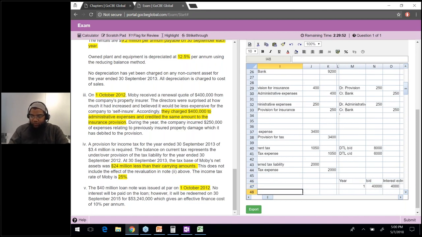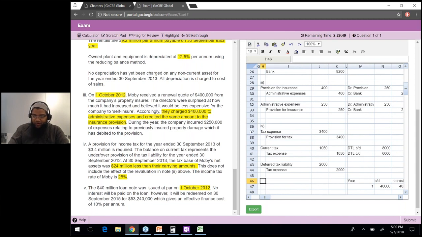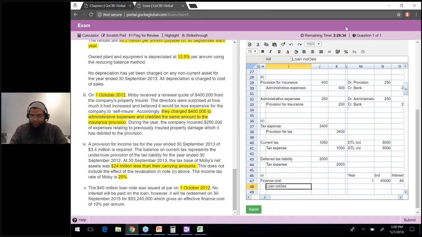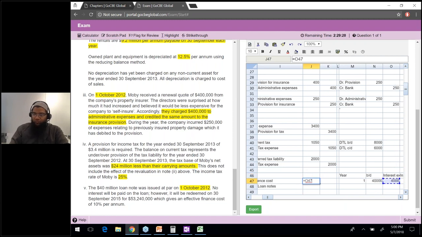So your entry is going to be adjustment number 5, finance cost debit, and the loan notes credit by the amount of 4,000.